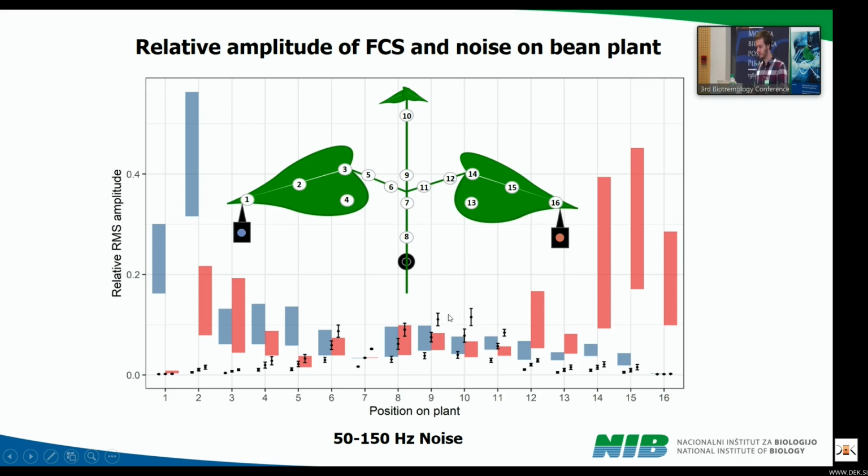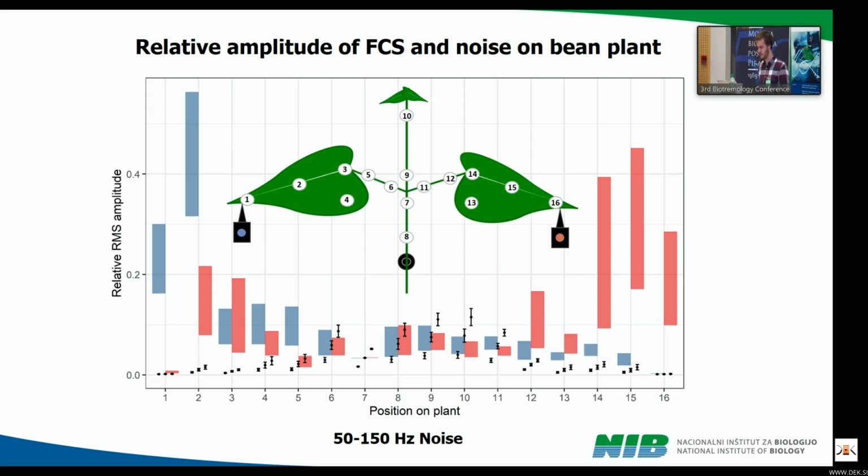And the 3 black bars that are present on each position represent means and standard errors of 3 different amplitude levels of, in this case, the 50 to 150 hertz noise. From left to right, they go -6 decibels, 0, and +6 decibels, relative, of course, to the female calling song measured at the branching point.